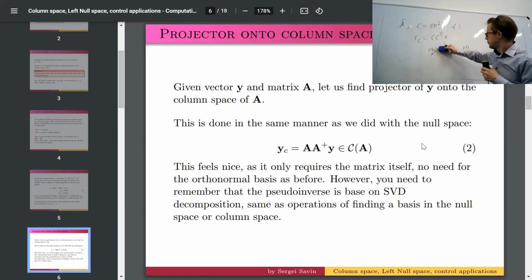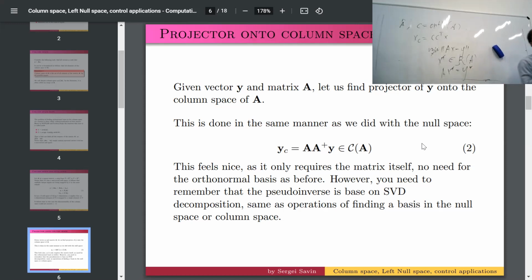Min over x. Minimize this residual problem. We find x star, which solves this problem. Okay, x star will have to be in the row space of A, right? As we discussed. Now we multiply this solution by A. So we multiply x star by A, and we produce some y star.